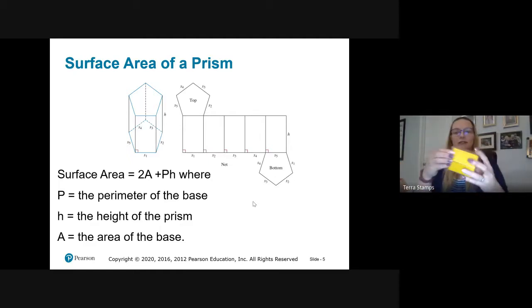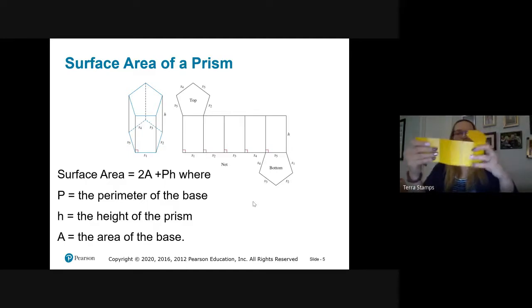So this is a 1, 2, 3, so it's a hexagonal prism. If I were to open this up, you can see that we get 2 hexagons for the bases, and we get a bunch of rectangle sides if it's a right prism.